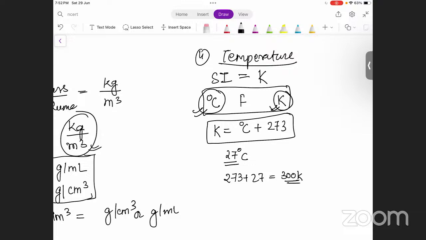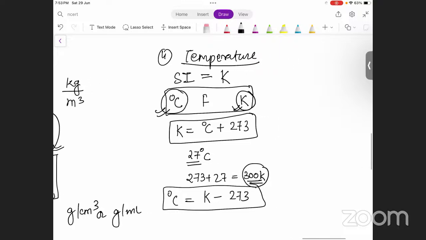Now, suppose you have to do the opposite, going from Kelvin to Celsius. Then you take the Kelvin temperature and subtract 273 from it.